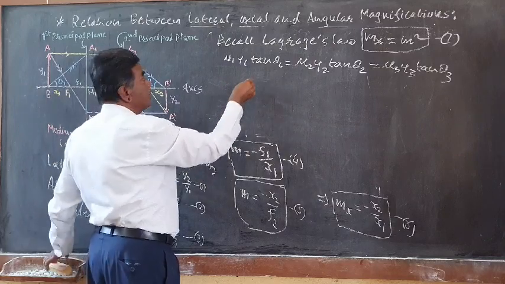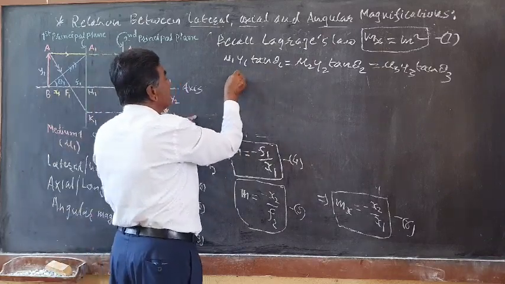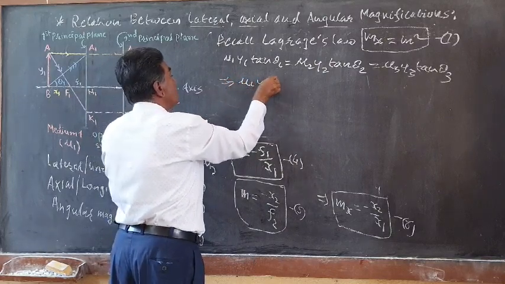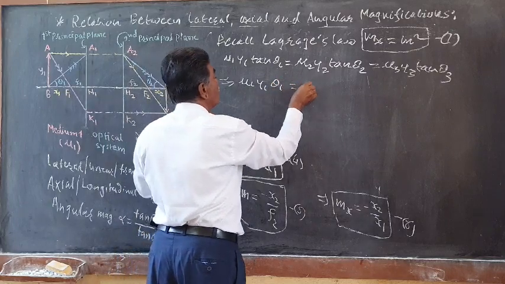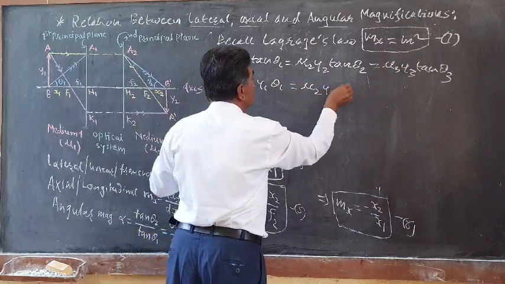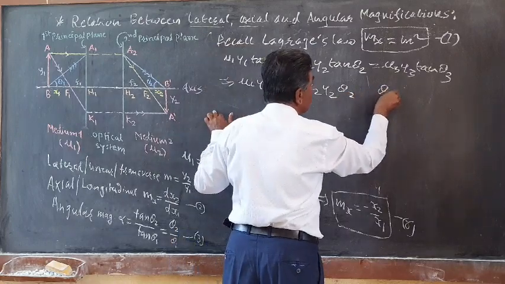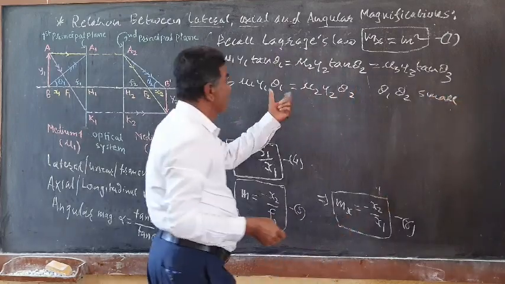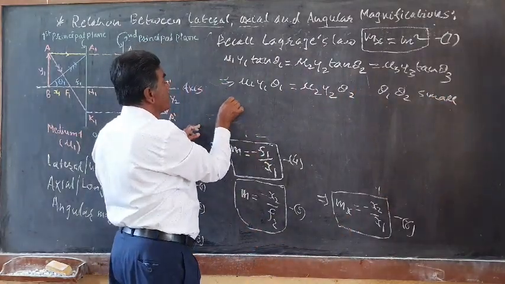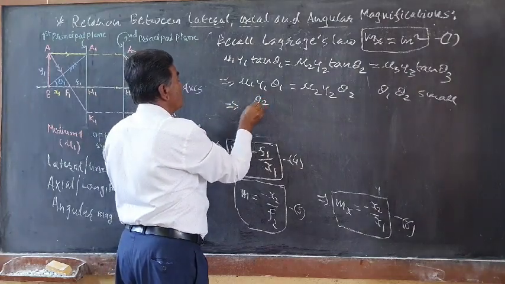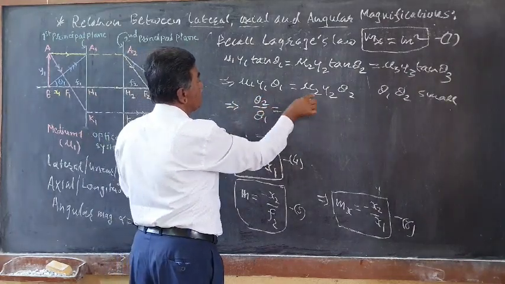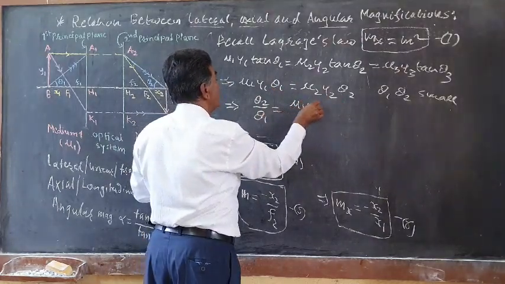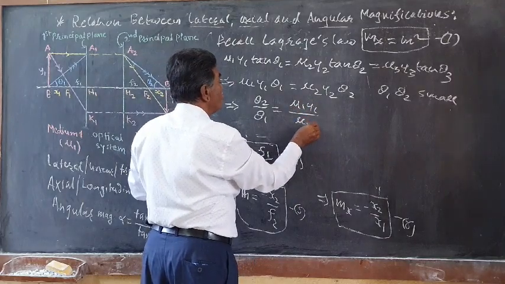So we have to rearrange, and for small angles this equation can be represented as mu1 y1 theta1 equal to mu2 y2 theta2. Here theta1 and theta2 are very small angles. From this we can write theta2 divided by theta1 equal to mu1 y1 divided by mu2 y2.